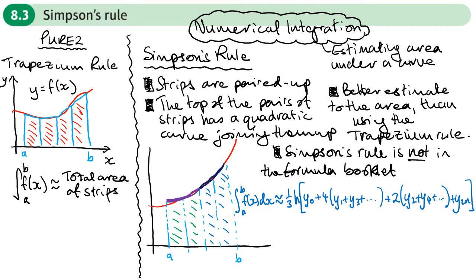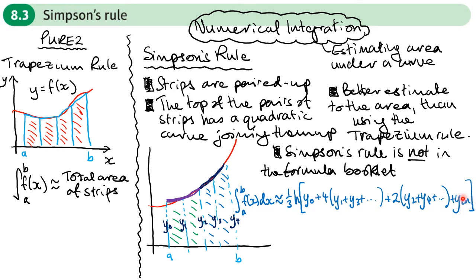First of all, let's write down what these values are. y0 is the height of this bar, y1, y2. So this is just the height, basically either side of the strips. The height of the first strip, or one side of the strip, is here.